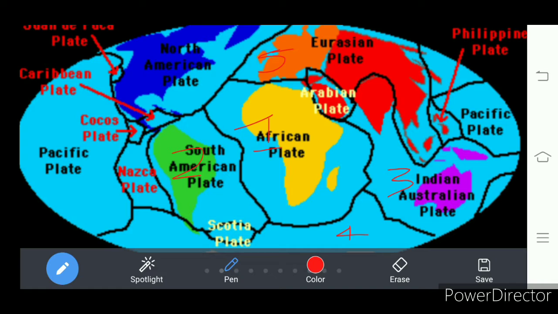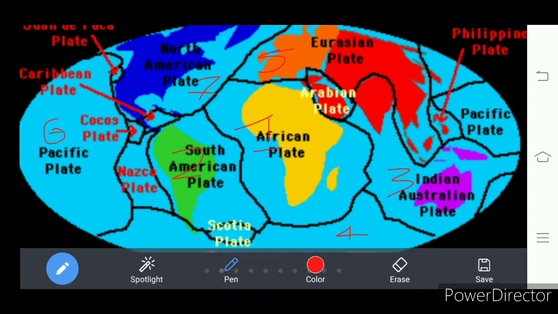And sixth is the Pacific plate, which is a large one. Okay. And seventh is the North American plate here. So these are 7 major plates and many more minor plates are also there.